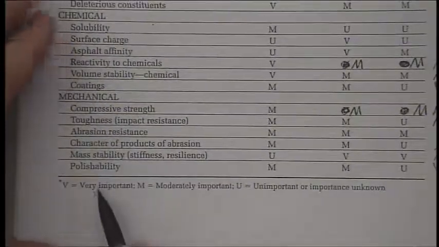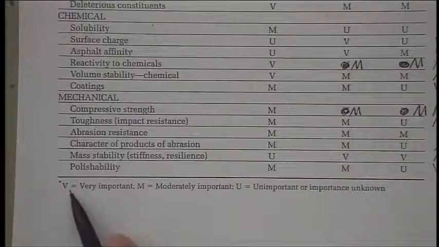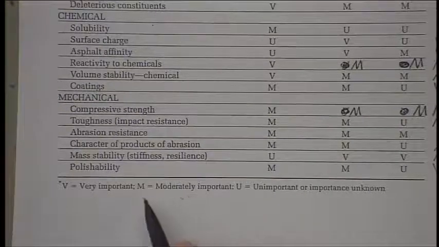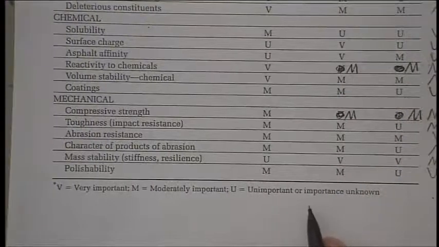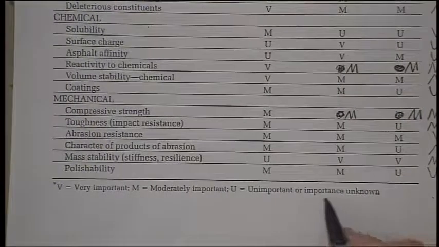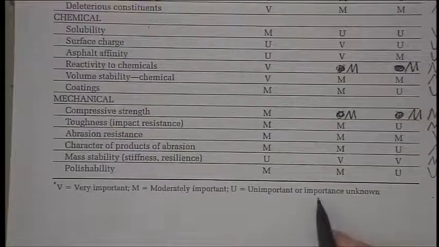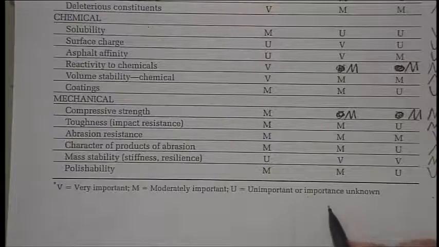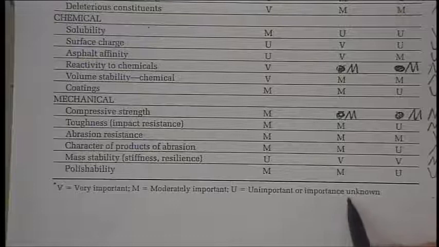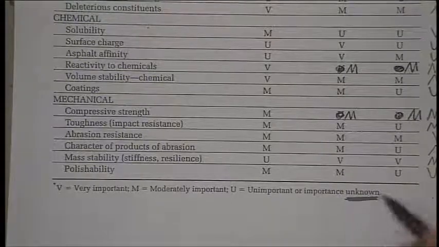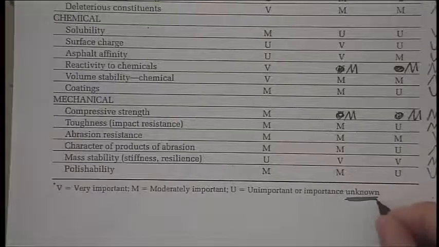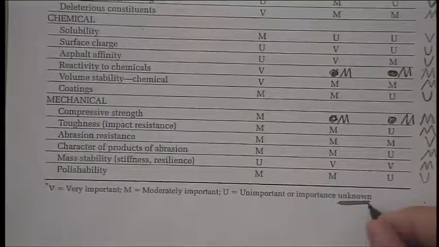V means very important, M means moderately important, and U means either unimportant or the importance is unknown. In a lot of applications with aggregates, it's actually unknown, and there's a lot of research that still needs to be done in understanding aggregates in general.